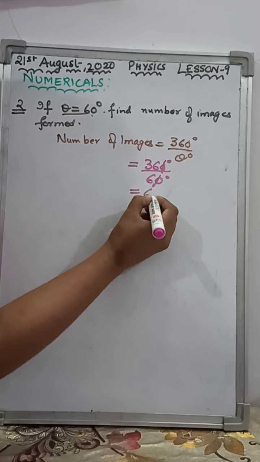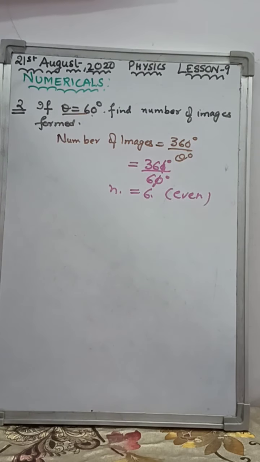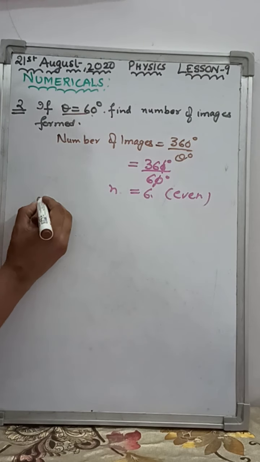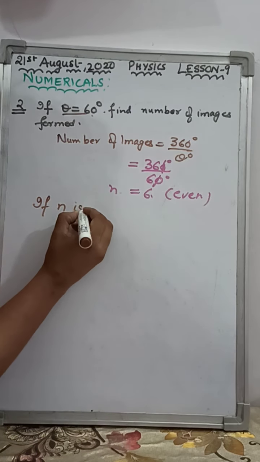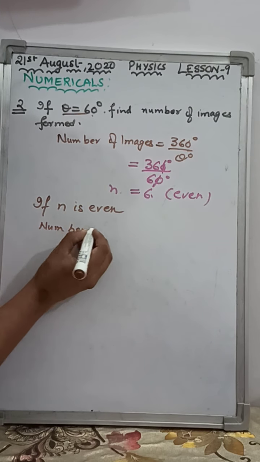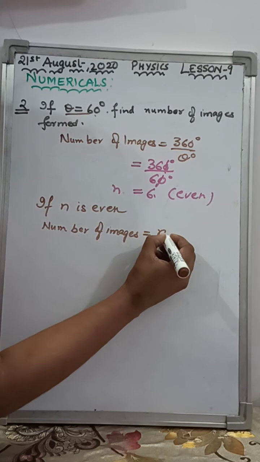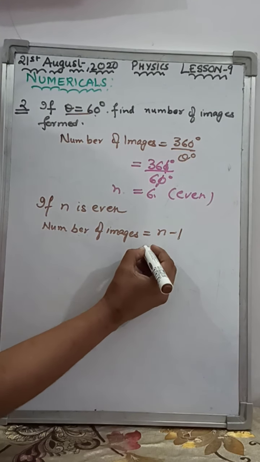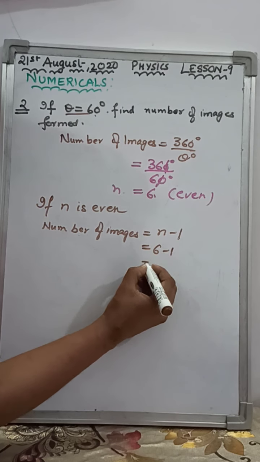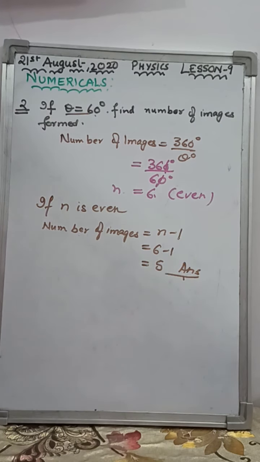So 6 is coming, that means it is even. So n is coming even. What I have told you, if n is even, then the number of images formed is n minus 1. So 6 minus 1 will be 5. This is your answer for this numerical.